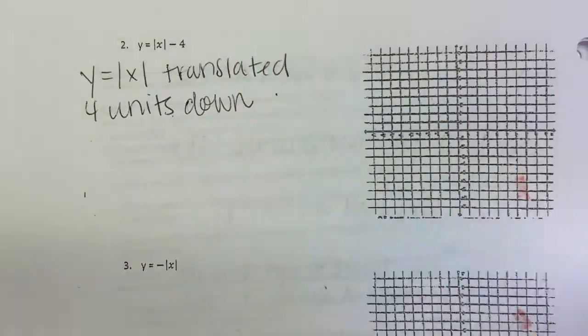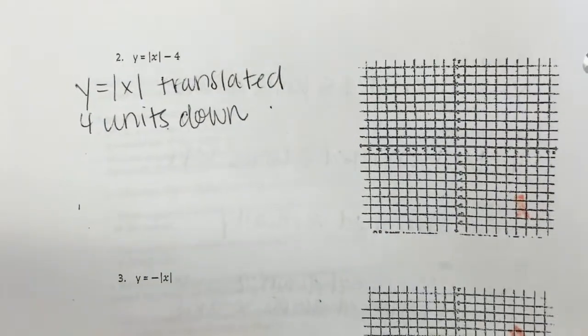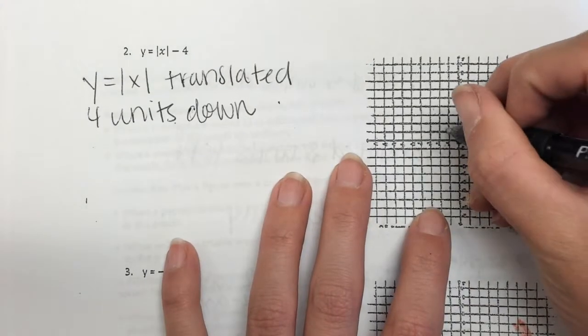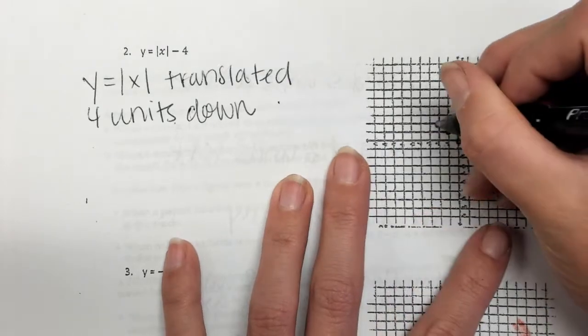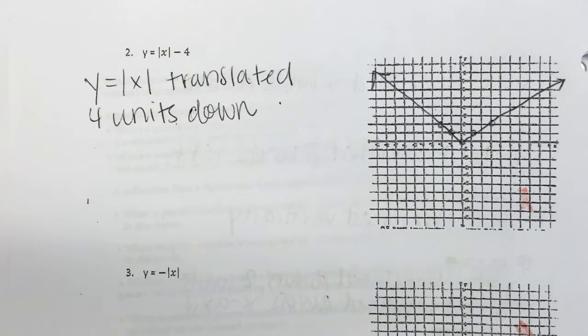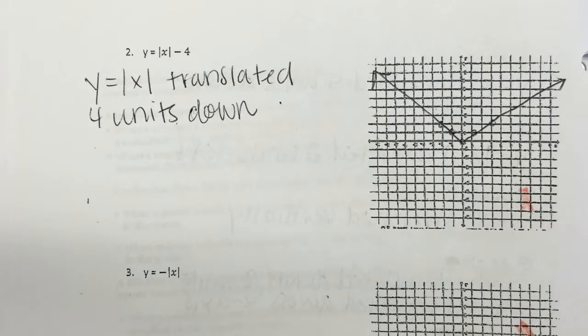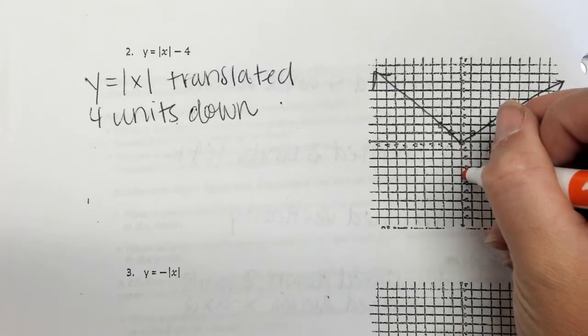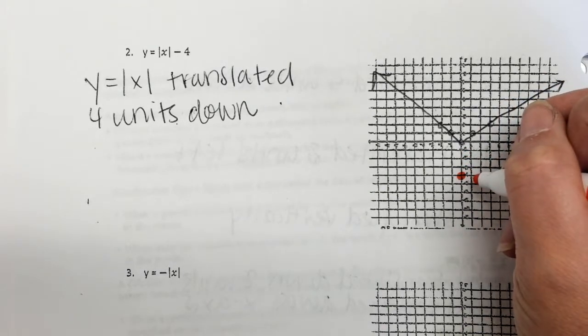So what I want you to do, go ahead and graph the parent graph in one color, which is the same one we just did on the last problem. And then you'll need to move each point 4 units down. Or you could just move the center. 1, 2, 3, 4, and then go what?